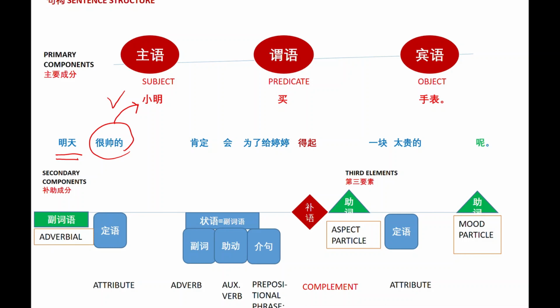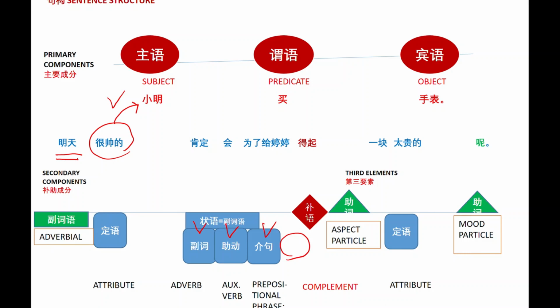Now adverbial phrases. The following order. First, 副词, 助动词, 介词. Sometimes again, another 副词 follows. This is exceptional, as here.